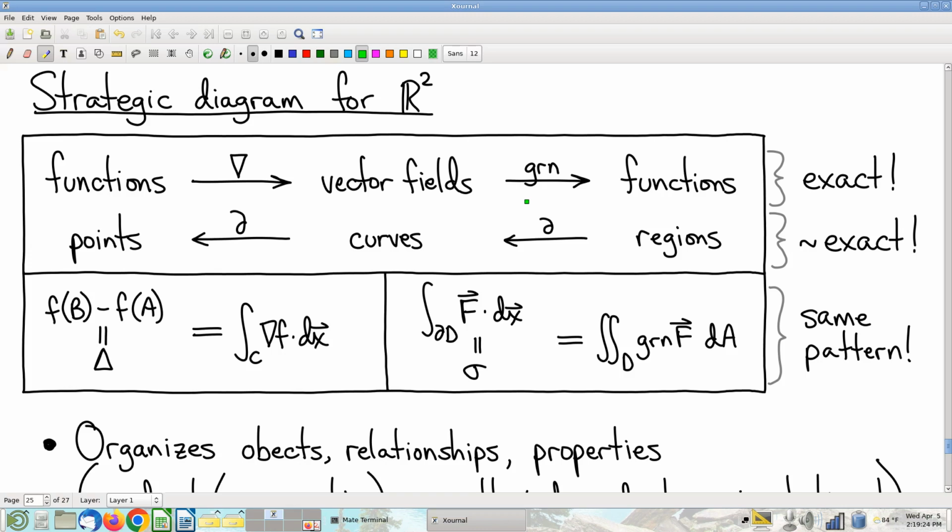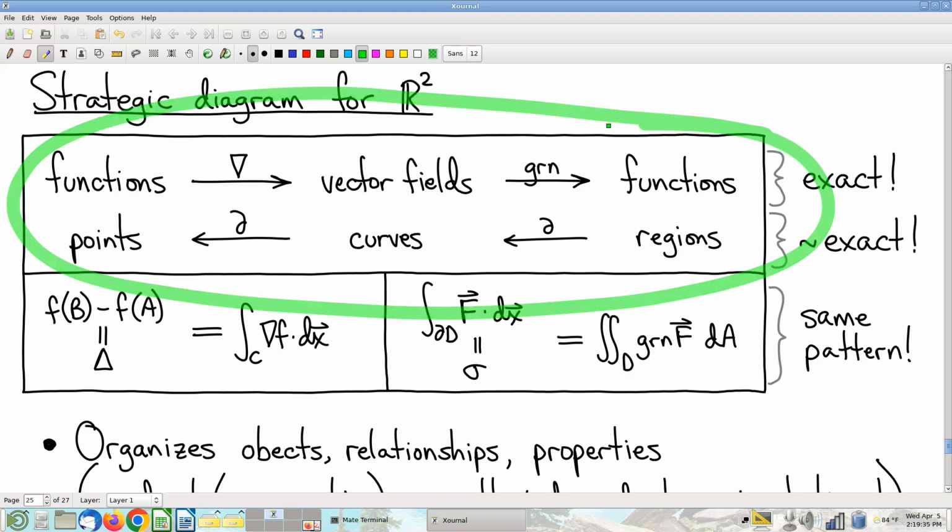So anyway, a lot of the objects that we're talking about in this course are actually special cases of more sophisticated things. There's another, more sophisticated thing, a couple of more sophisticated things.